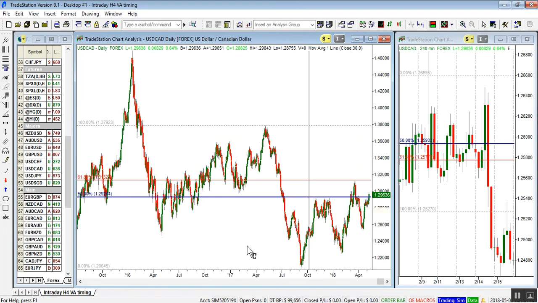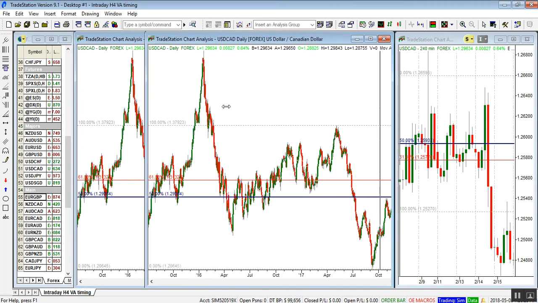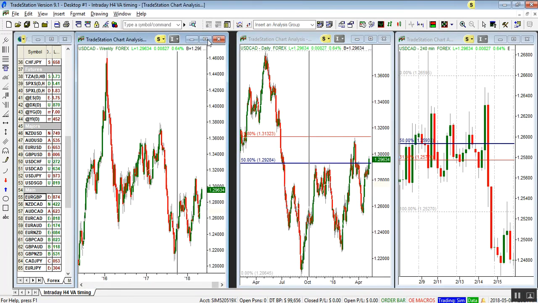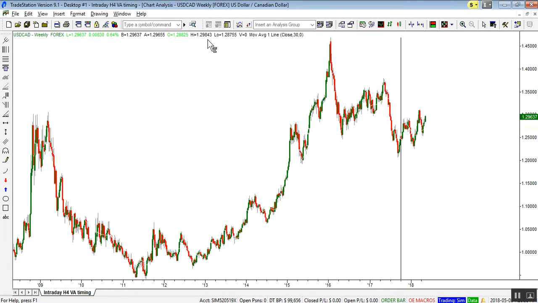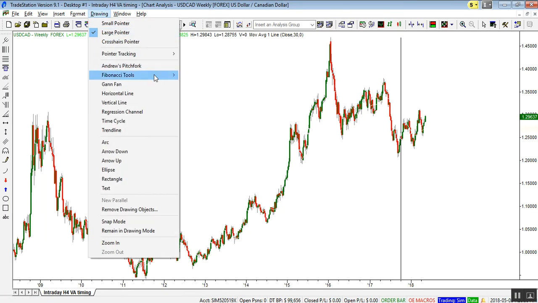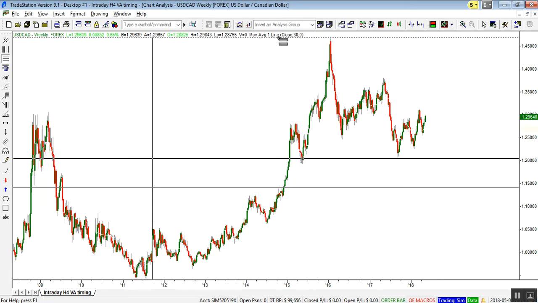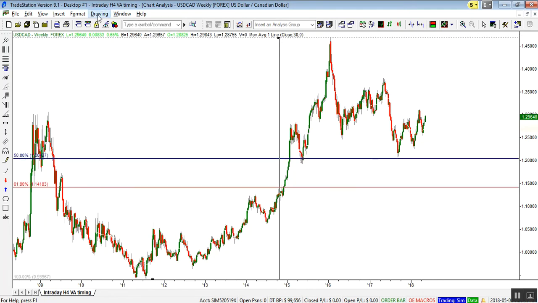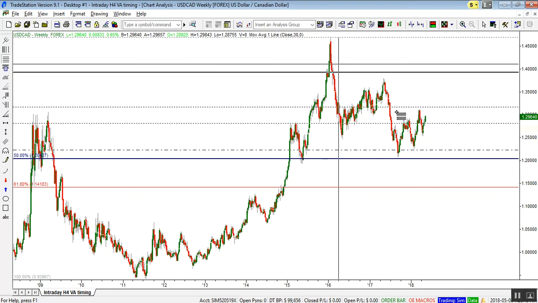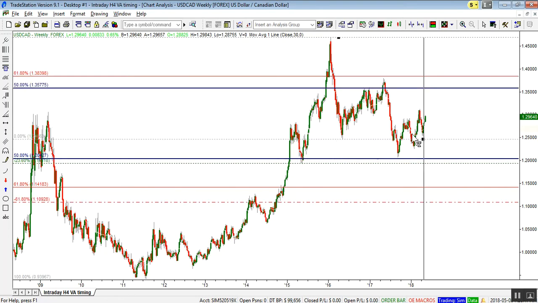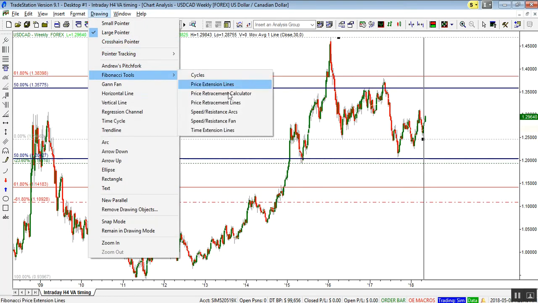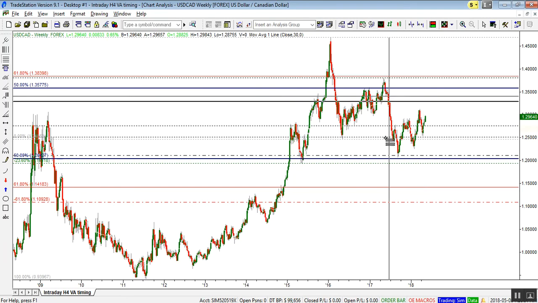So the longs that have participated, we can see them better on the weekly. The longs that participated here at recent lows are clearly leading the game here, and they are more relevant and important than the shorts that have been trading on the weekly and on the daily here.